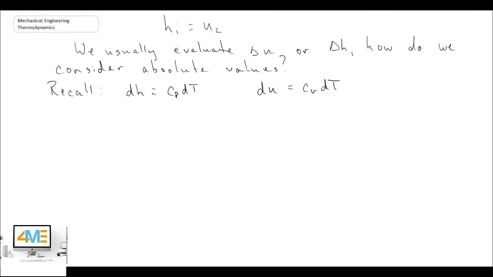So we can integrate these equations now. The values of Cp and Cv, remember we had said in an earlier lecture that they can be functions of temperature.